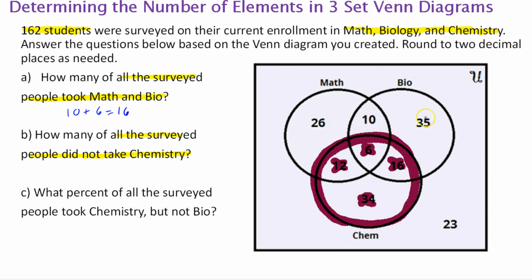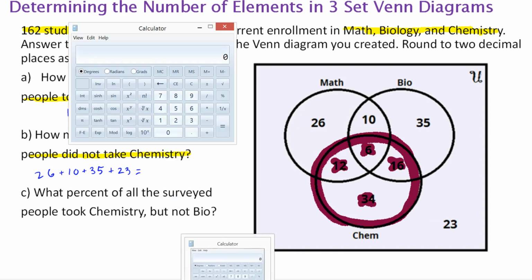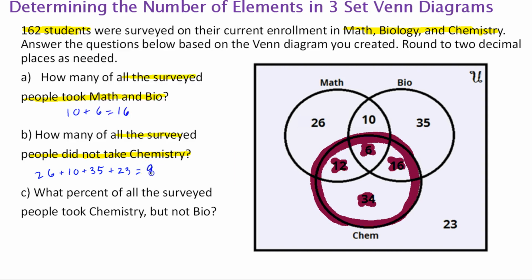So we want to add up the remaining values, which are 26 plus 10 plus 35 plus 23. And let's do that on the calculator. This gives us a total of 94 people did not take chemistry.